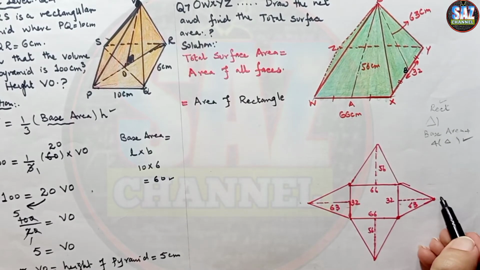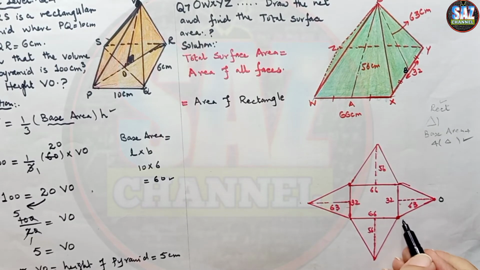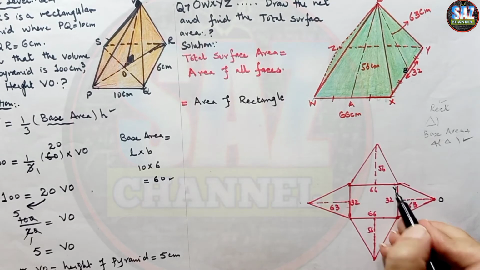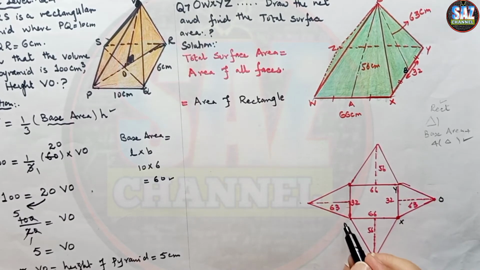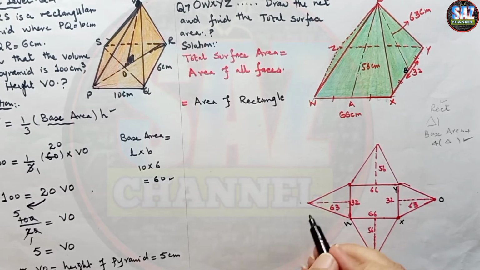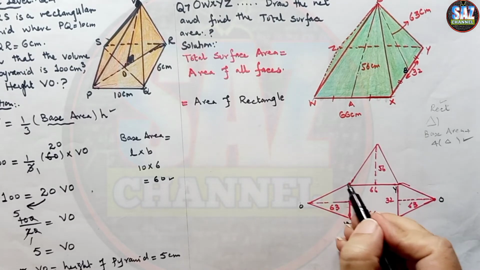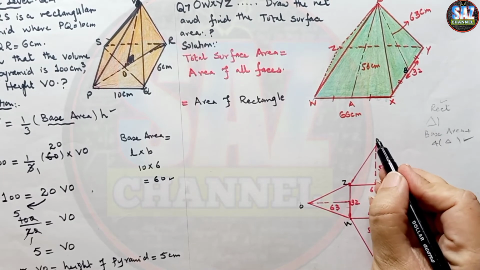We can see that this is O and X and Y, this is W, and this is O and Z, and this is again O.